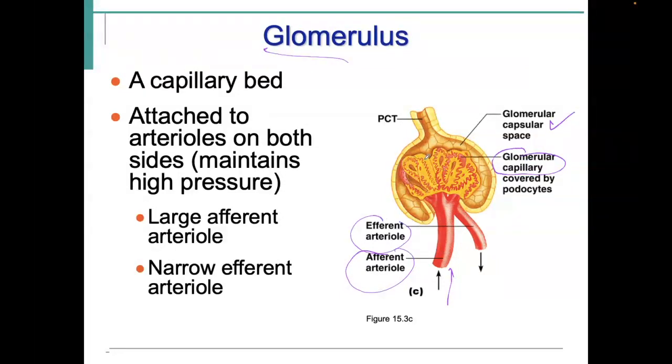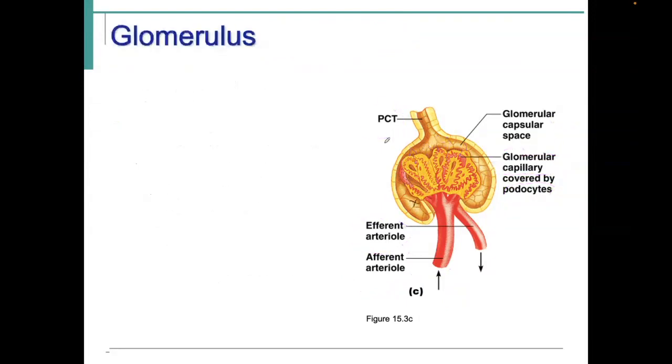As it comes in, you have these podocytes, which are these filtration cells that surround the glomerulus. And the podocytes create these little filtration slits that allow for only certain small particles to pass through to get into the first part called the proximal convoluted tubule.